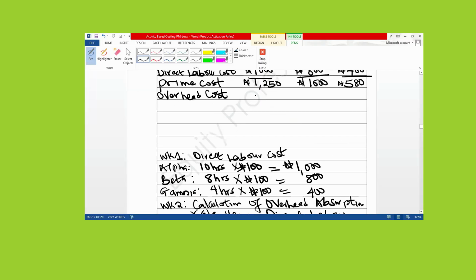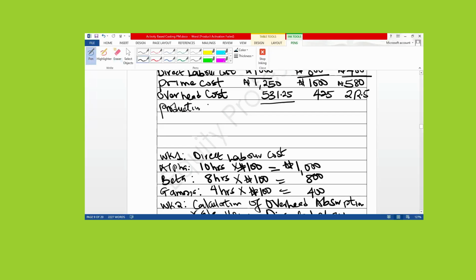Overhead cost per unit: 531.25, 425, 212.5. Now sum up. Prime cost plus overhead cost will give you unit cost, that is production cost per unit.